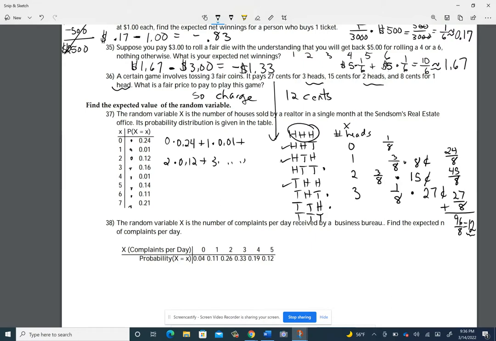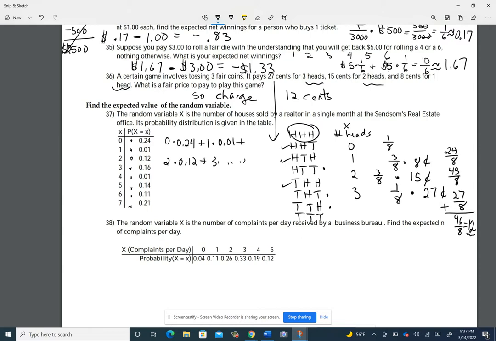Take a moment to do that on your calculator. Let's see what we come up with. Plus 7, I'm down to 7, 21.